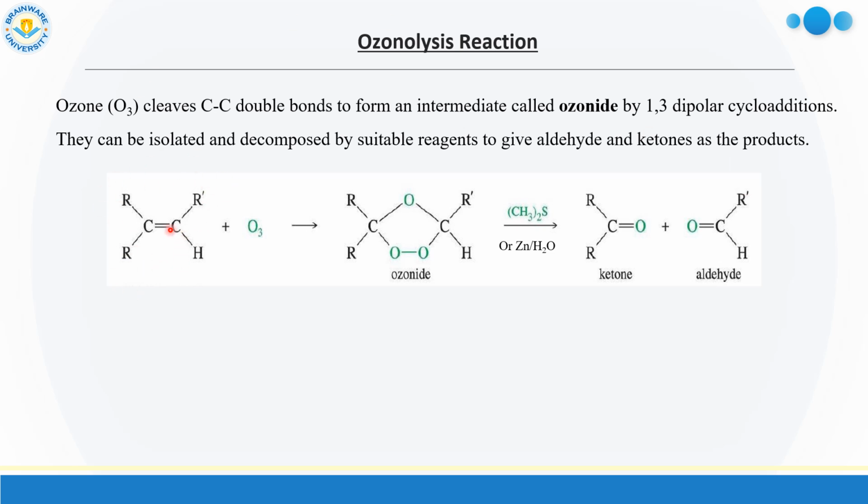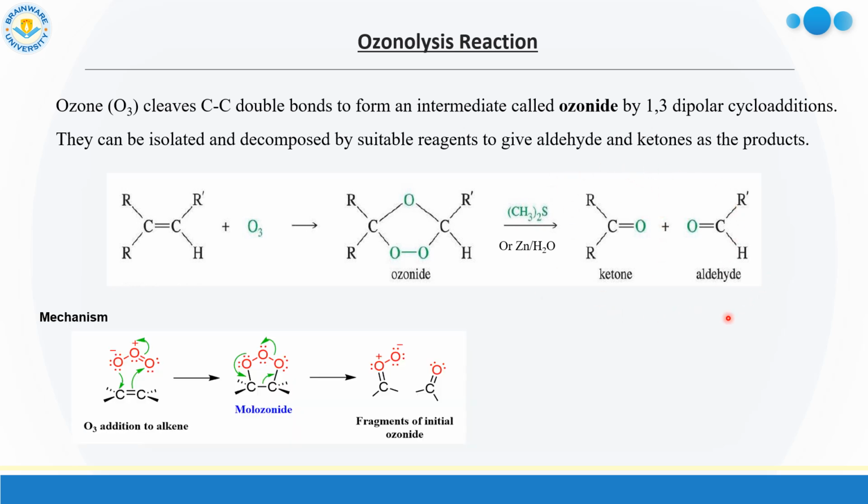This is an example with an alkene and O3. They form the ozonide structure, with oxygen inserted here, and in the final step, with dimethyl sulfide or zinc dust and water, a mild reducing agent, carbonyl groups, ketones and aldehydes, are formed.